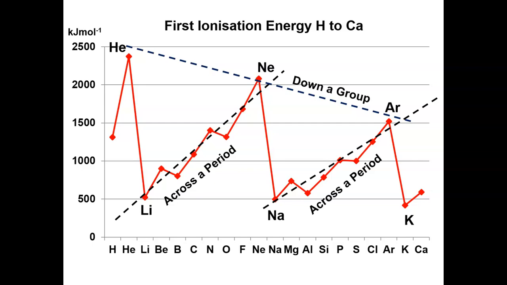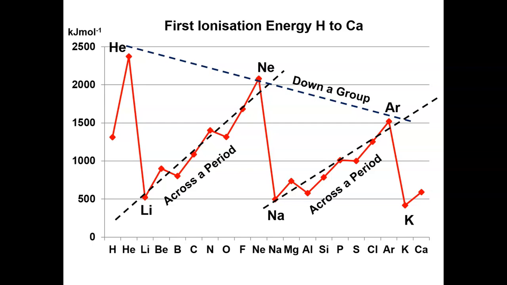And then if we carry on with our dotted line, the next one we come across is the solid line position for fluorine. So if we draw a dotted line from group 1 through to group 4, through to group 7, that's lithium, carbon, fluorine, and draw the black dotted line, then that shows us the general increase.